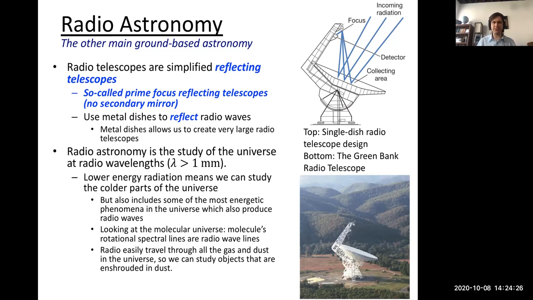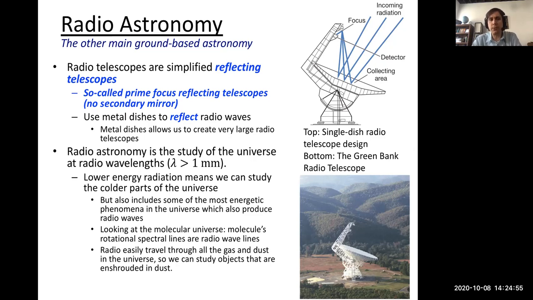And remember that there's this connection via Wien's law between the types of light that objects prefer to give off and temperature. Colder objects like to give off preferentially longer wavelengths. But this also is going to include some of the most energetic phenomena in the universe, which can also produce radio waves, like those radio jets out of that galaxy that are being produced by things related to the supermassive black hole at the core of the galaxy.